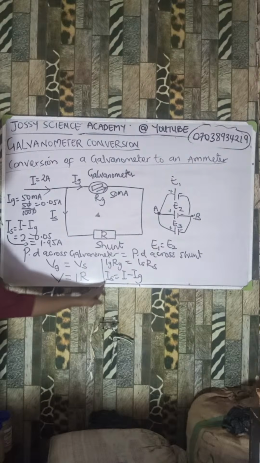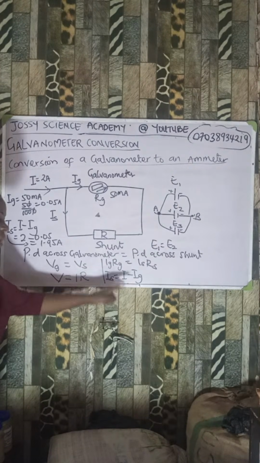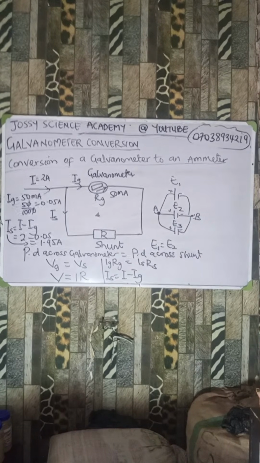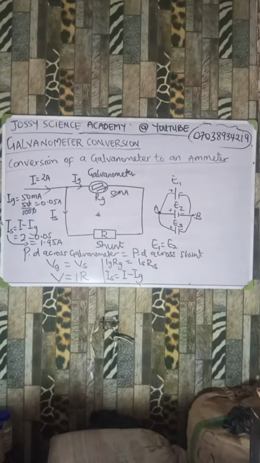Now, how do you know the current of the shunt? It is the total current minus the current of the galvanometer. I think that's all. Let's see some questions so far.